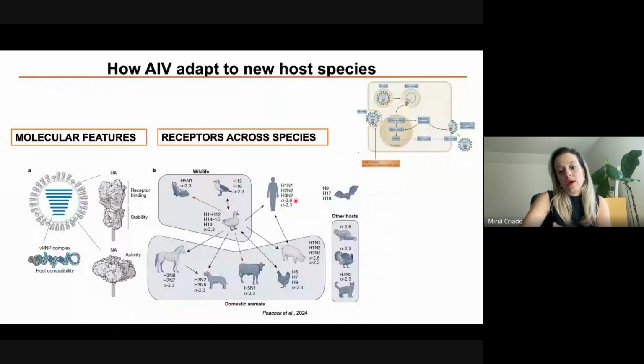Like humans, which have mostly alpha-2,6, recent work has been showing that we also have expression of alpha-2,3 in some parts of the lower respiratory tract, which may benefit some viruses that are not adapted to replicate in humans and before only circulated in birds, for example, to adapt to humans.